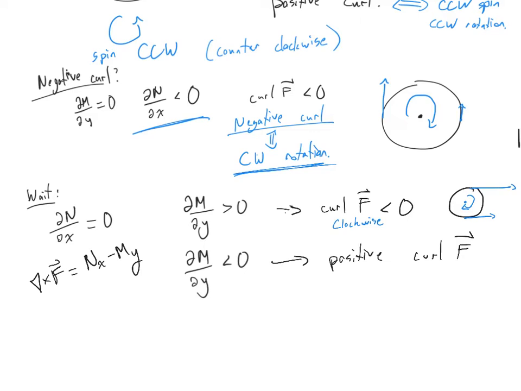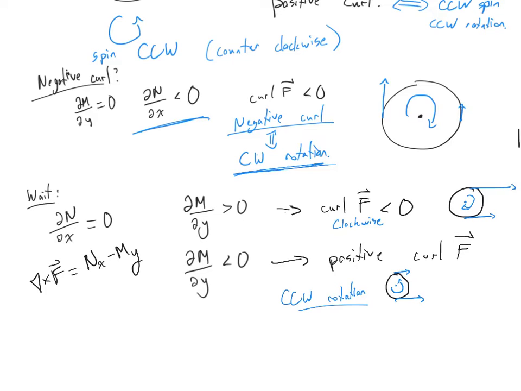So both dN/dx being negative and dM/dy being positive contribute clockwise rotation. And the argument goes the other way for this lower one: if you're this long, you have to be shorter up here, which contributes counterclockwise rotation.